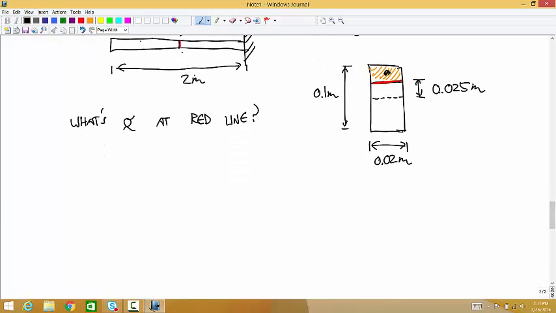So let's just go right to a cut, and instead of calculating the internal loads for every x value along the beam, let's just do it at the one place that we care about. So we'll do a cut that represents x equal to 1 meter.